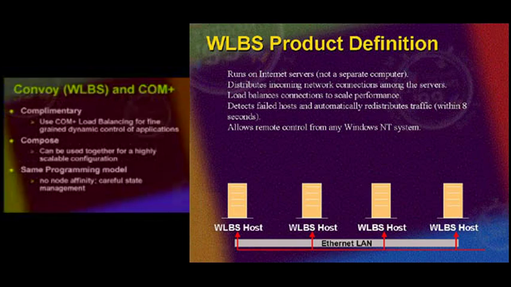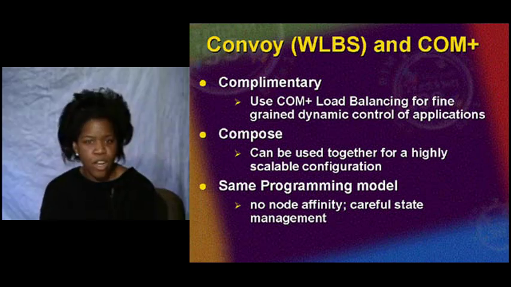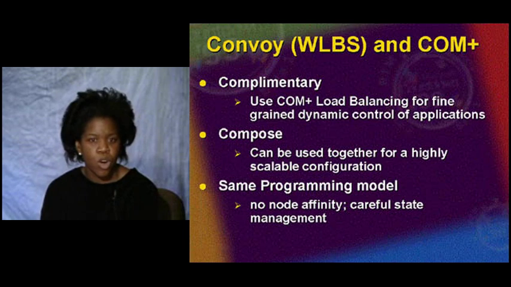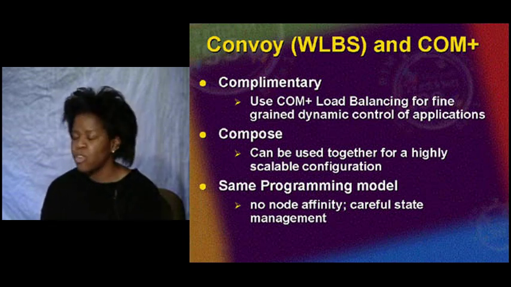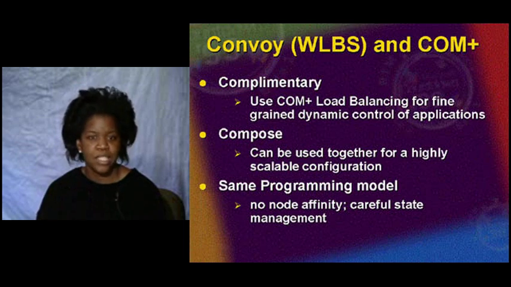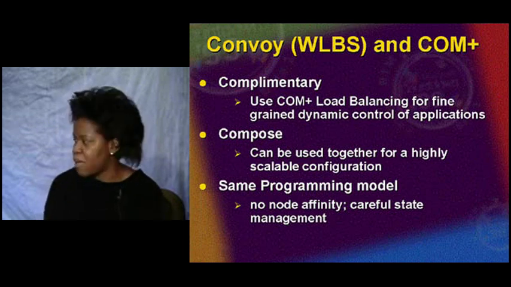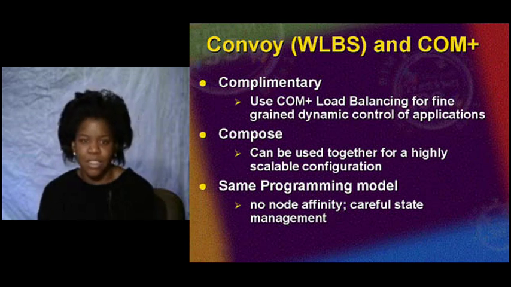Now that is very complementary, because that request then gets passed to, for instance, the component load balancing router, which gives you a finer grain for delegating or forwarding your co-create instance to the appropriate server. So now you're able to compose your applications as if they were not in a cluster, but they get to take advantage of the failover and availability of the cluster. And the key here is that you have the same programming model.